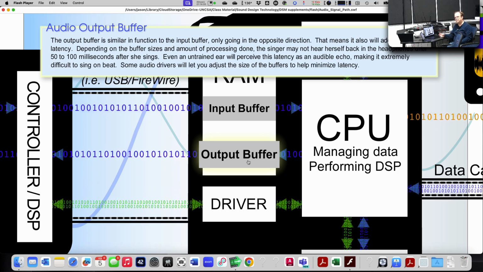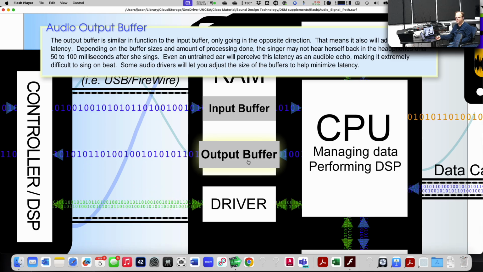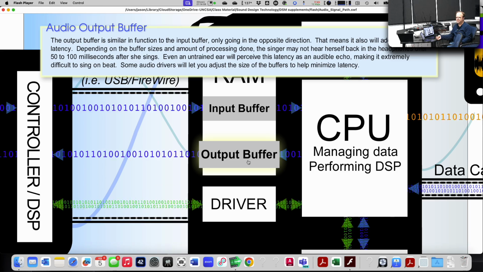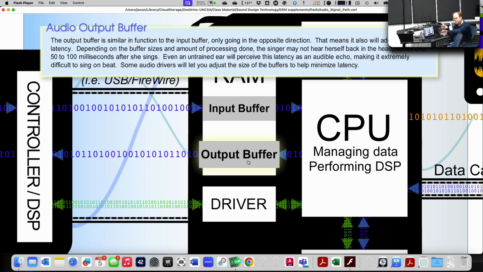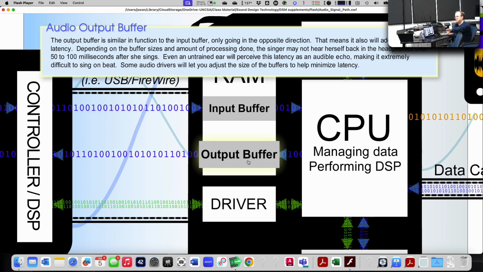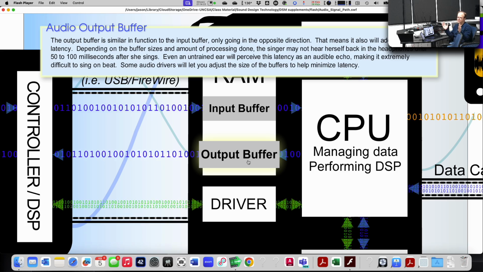But if the buffer ever fills up, well, it's more likely that the buffer will empty out than fill up. More likely the audio is going to leave the buffer and the CPU is going to get distracted and forget to replenish that buffer, and you'll have a dropout in your audio. That's the more likely thing to happen. It is, I guess, possible that it could fill up, but more likely it'll be empty.